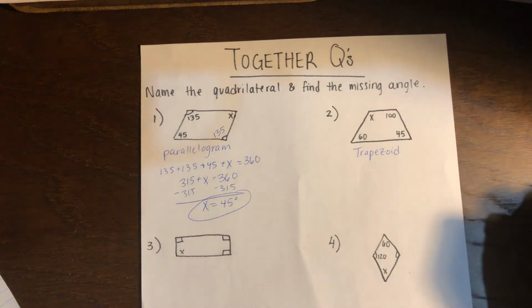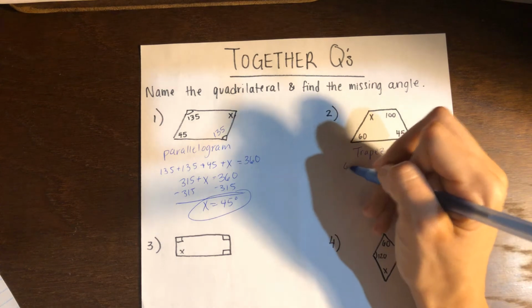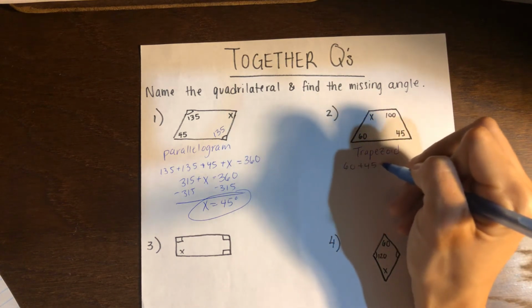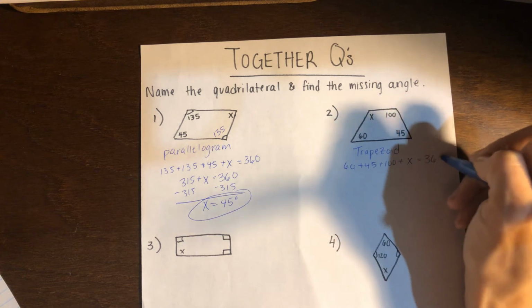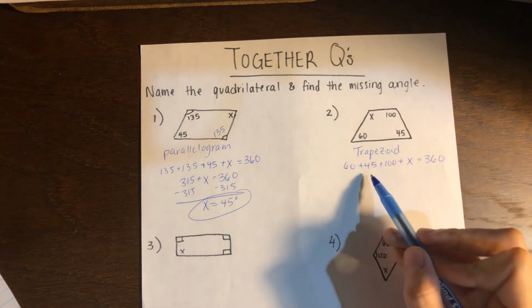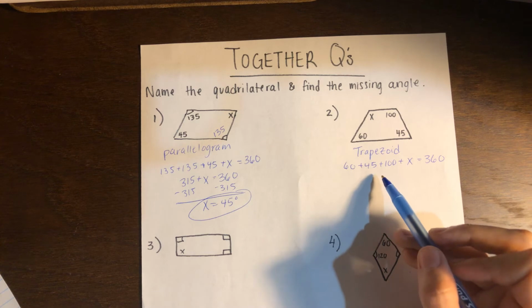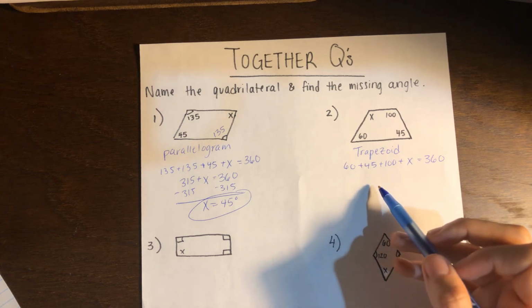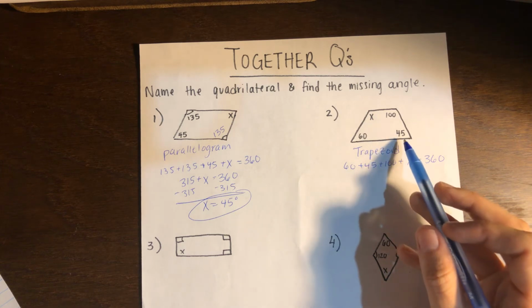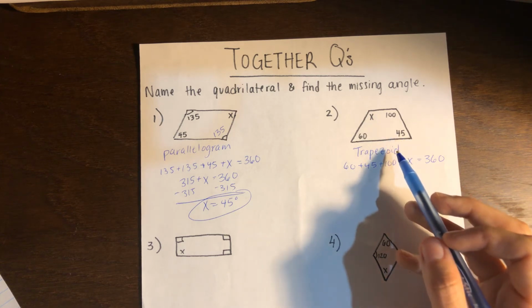Okay, and we're setting it up. So we're adding 60 plus 45 plus 100 plus x is equal to 360. Then I'm adding 60 plus 45 plus 100, so that's 205.